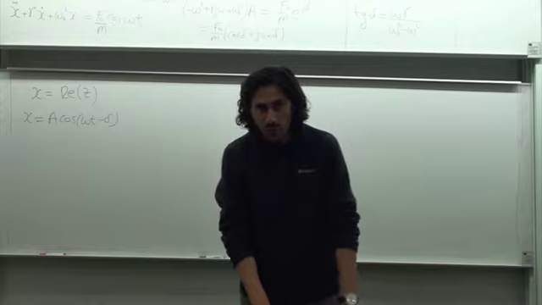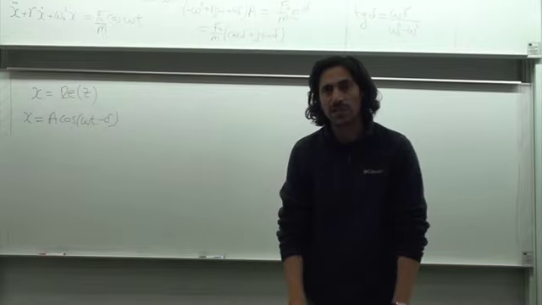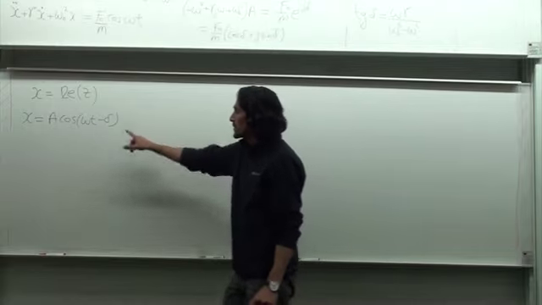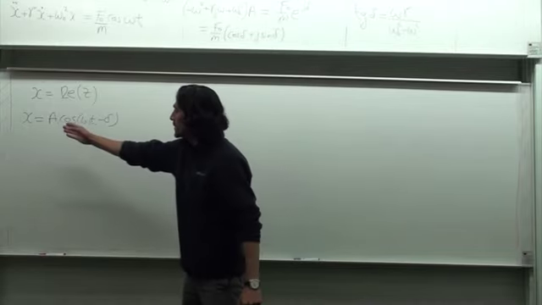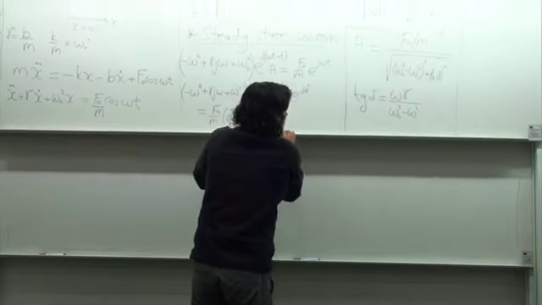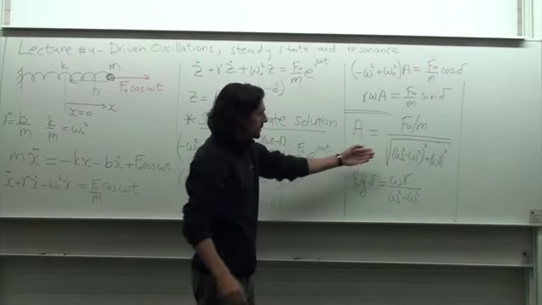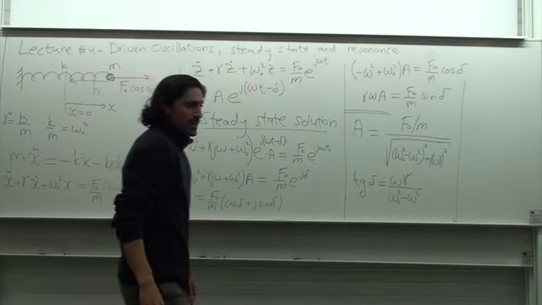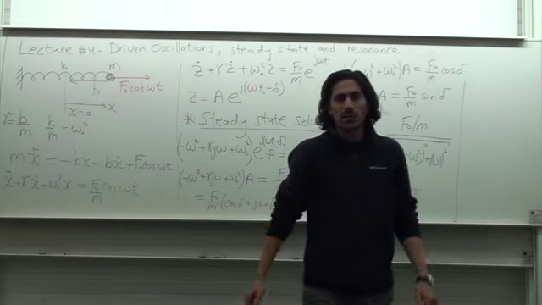We have no longer that flexibility here. We don't have these adjustable constants. A is already given, it's given here, and delta, and it's not something that we can adjust based on the initial conditions.